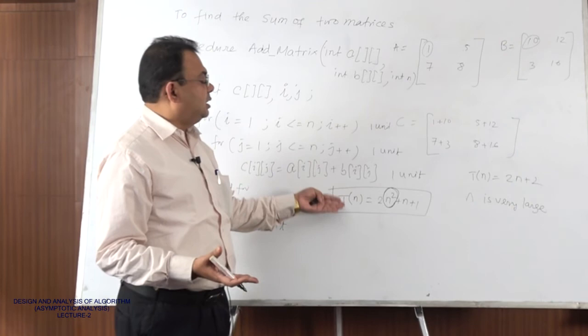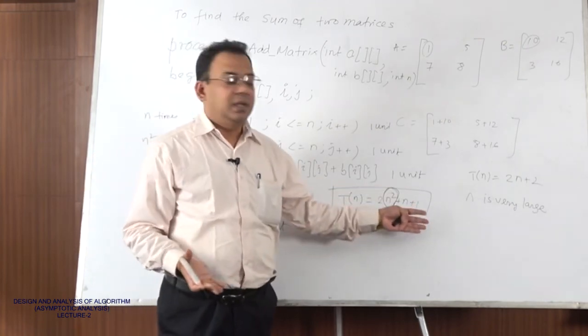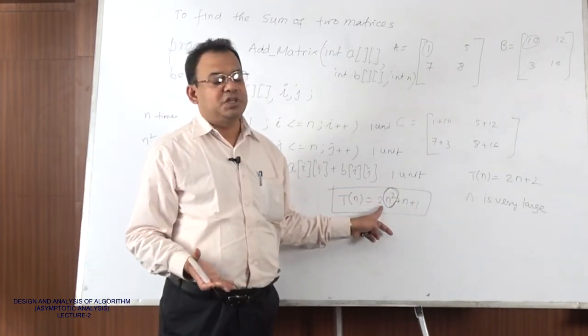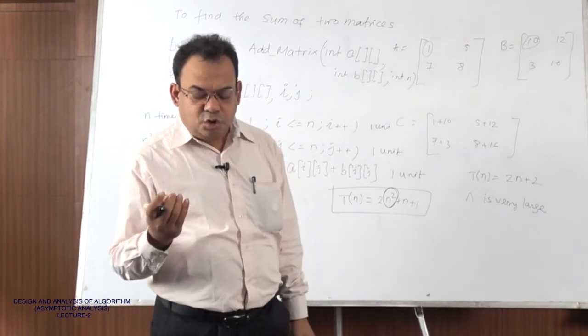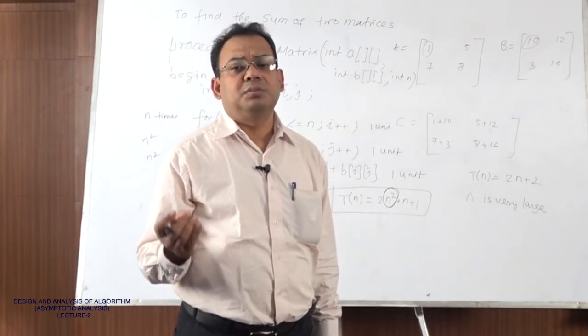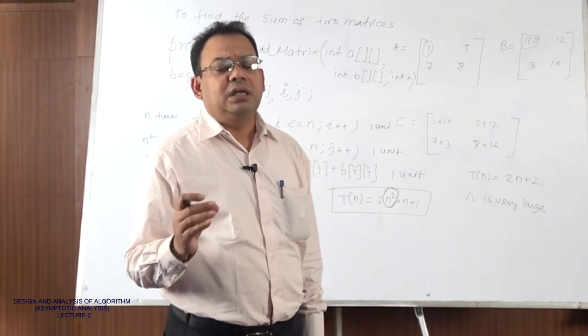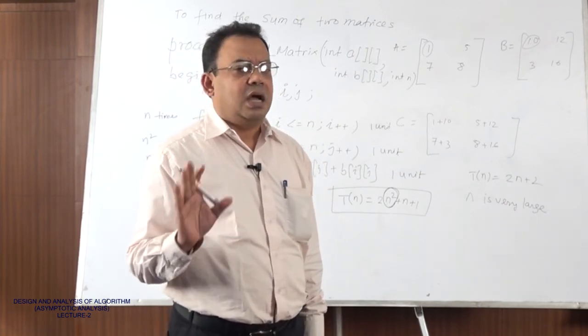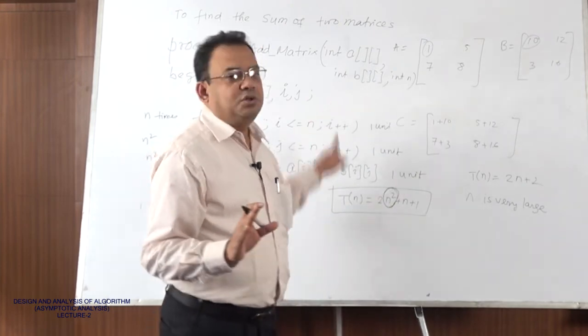The constants are immaterial because they depend on the internal architecture of the machine, so we can consider that constants are dropped in this asymptotic analysis.